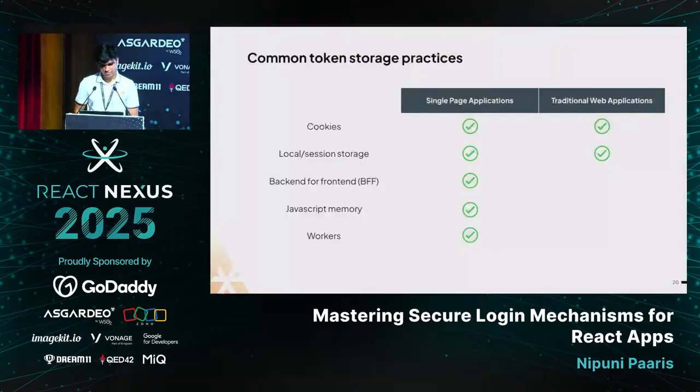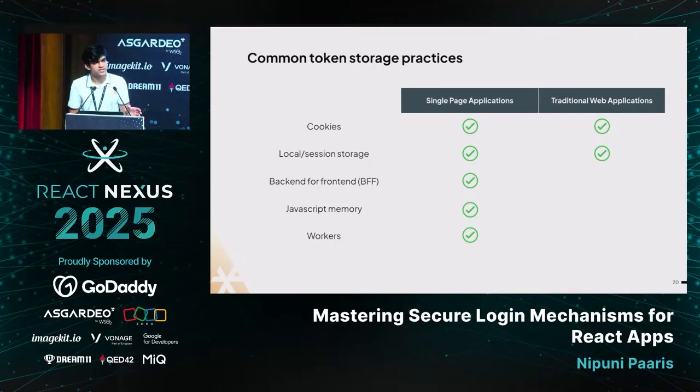Yeah. So the most common token storage practices: sometimes we store tokens in cookies, local or session storage, backend for frontend, or JavaScript memory and workers. Here I'll tell you cookies and local and session storage are vulnerable. Local and session storage are vulnerable to cross-site attacks.